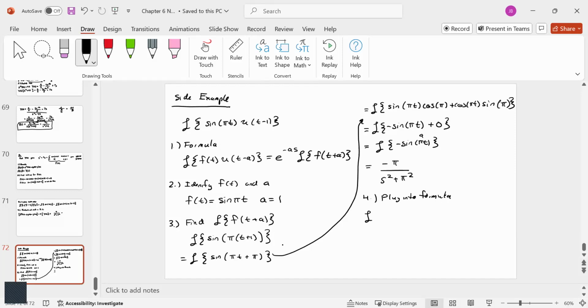So the Laplace transformation of sine of pi times t, u of t minus 1 is equal to e to the negative pi s, sorry, wrong letter, wrong number, 1. So e to the negative 1 times s, and then times negative pi over s squared plus pi squared, like that.